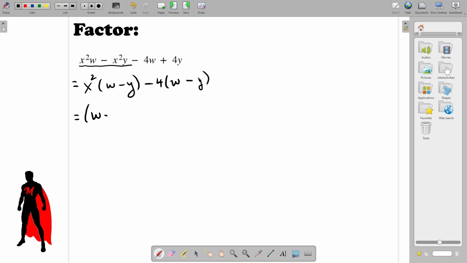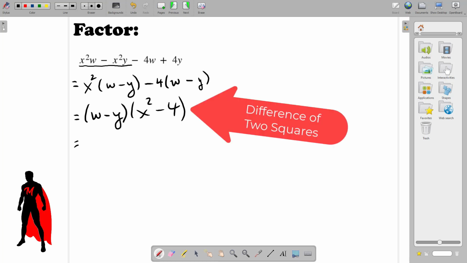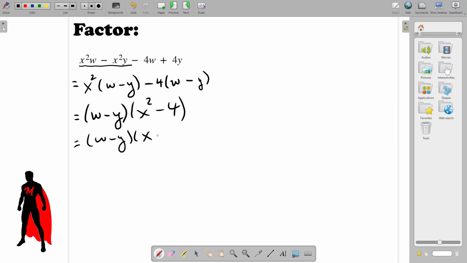Now I can factor out the w minus y, and I'm left with x squared minus 4. This should look familiar to you. It's the difference of two squares, so it will actually factor down further into x plus 2, x minus 2.